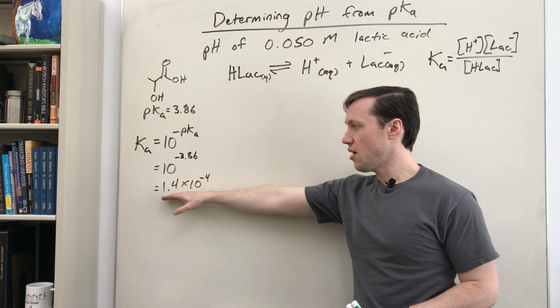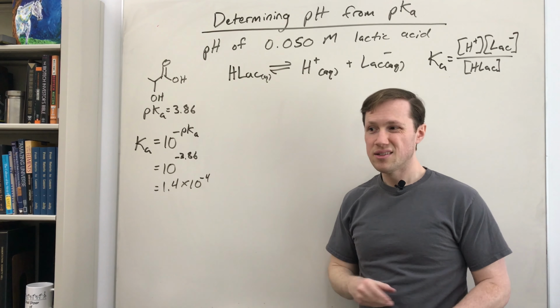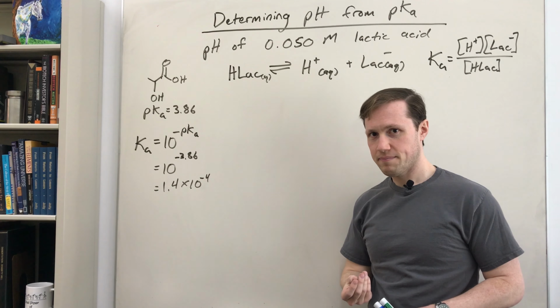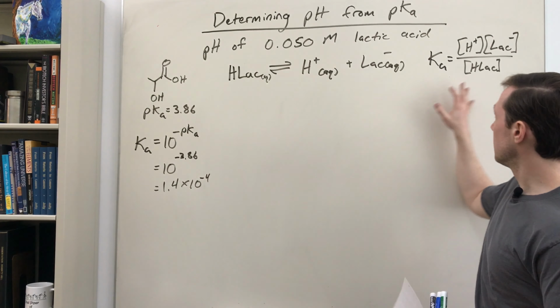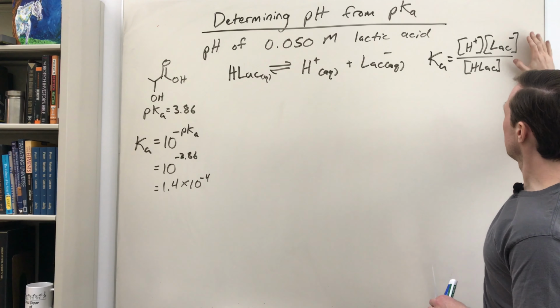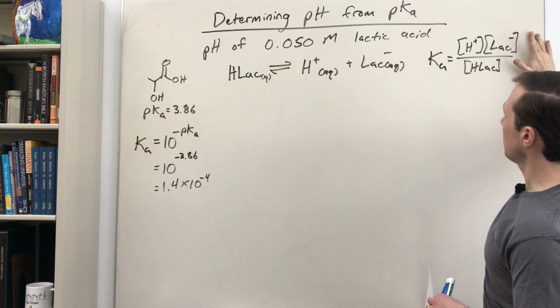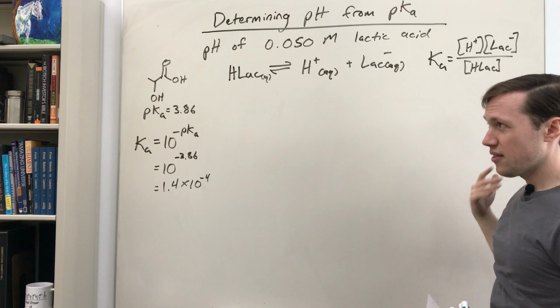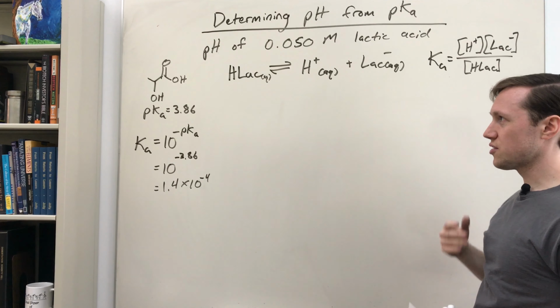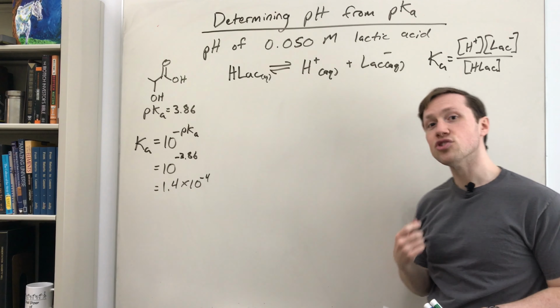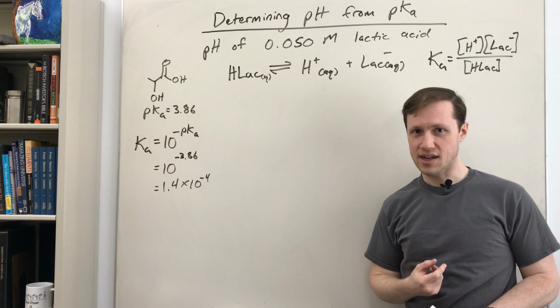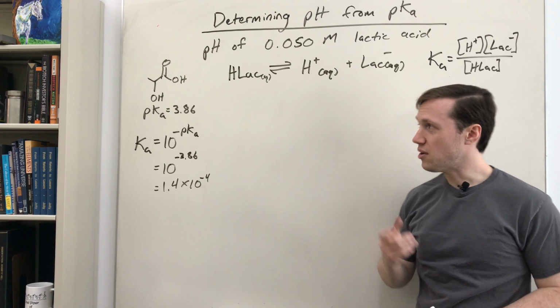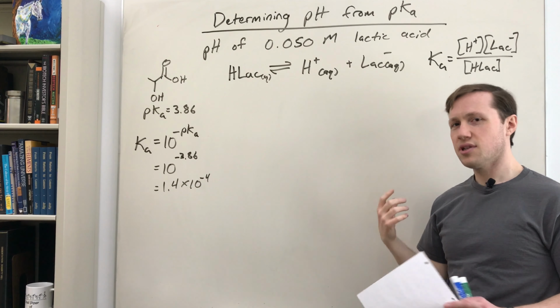In this case, we got a Ka that's about 10 times bigger. That means that in this equilibrium, we would expect relatively more H plus forming. That means that we can already say we expect lactic acid to be a stronger acid than acetic acid. Now, let's move forwards in solving this guy.